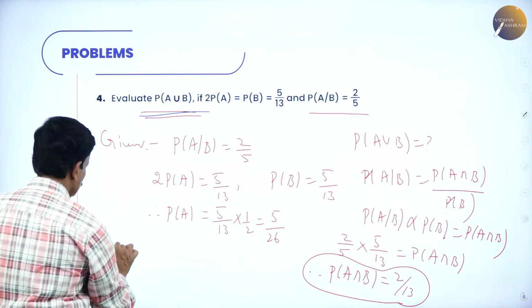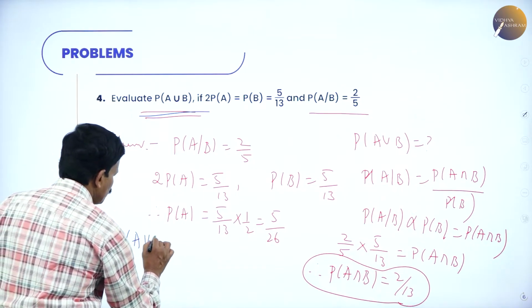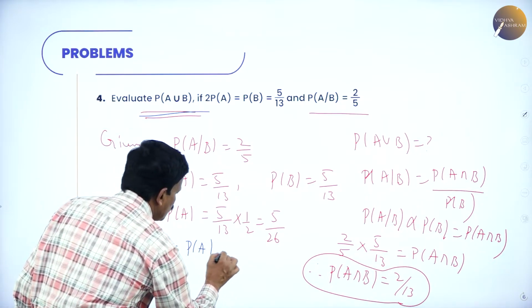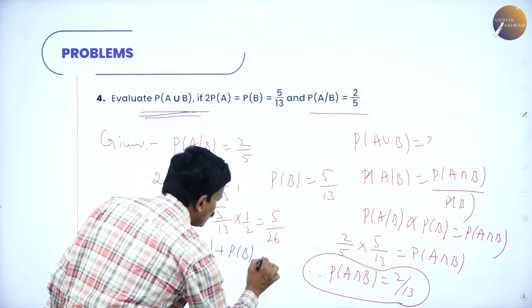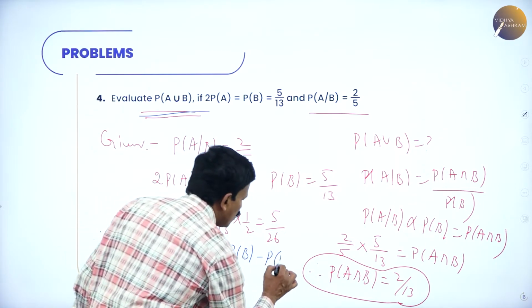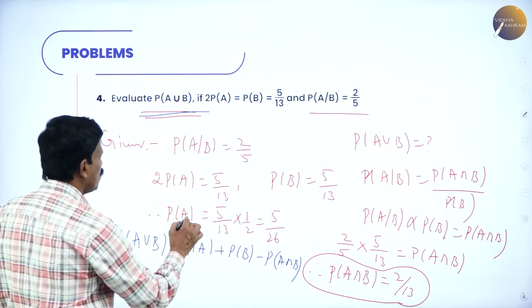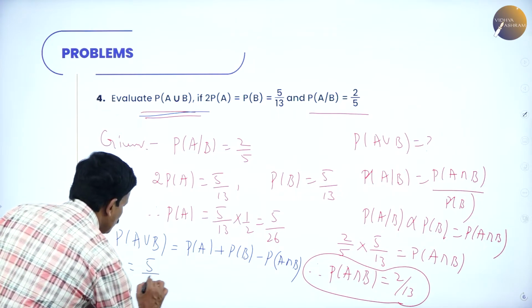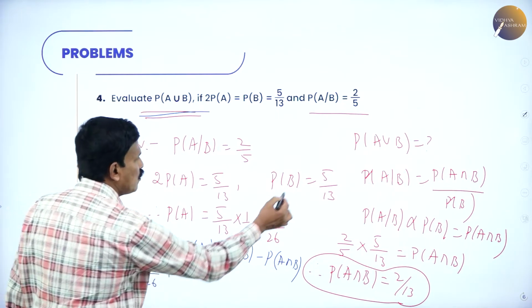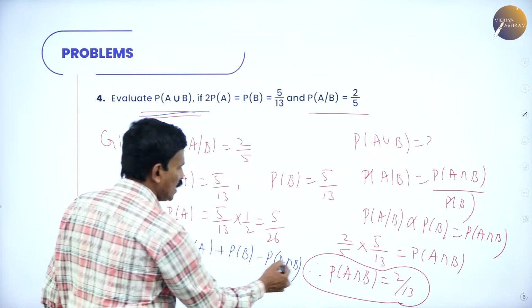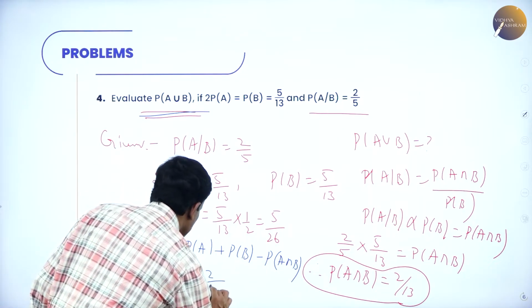Now therefore probability of A or B is equal to probability of A plus probability of B minus probability of A and B. So this is equal to P of A, which is 5 by 26, plus P of B, which is 5 by 13, minus A and B, which is 2 by 13.